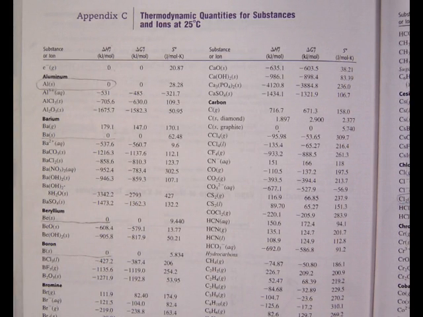Well, elements have a variety of forms, and so you'll have several entries. Like bromine down here, it has several delta HFs, but only one is for standard state, and that's Br2 liquid. Compounds sometimes have two different delta HFs if they're in different states.